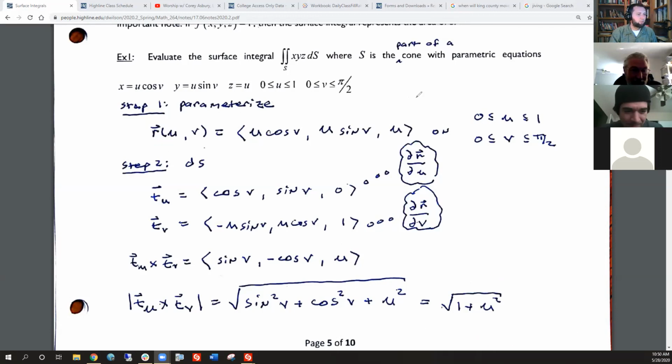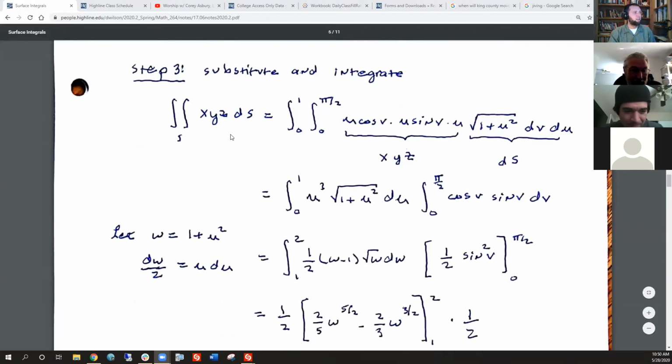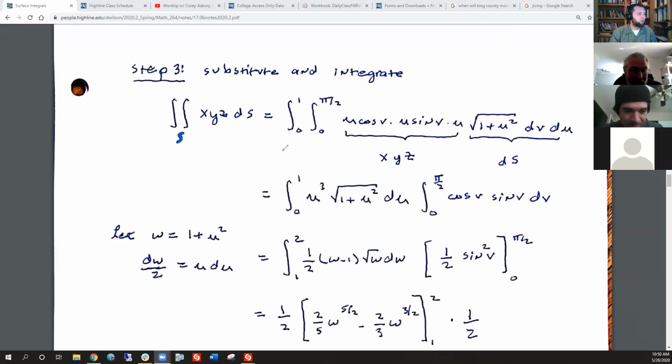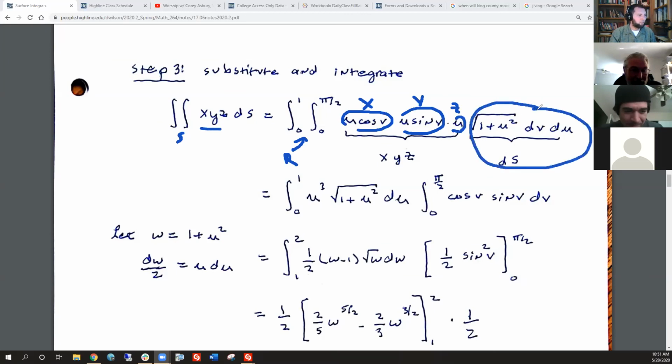And then we're going to just substitute in. So we take that ugly surface integral. Here it's in terms of S, the surface. Over here we're writing it as an iterated integral, but now we're working across the region R. And so your X is going to become U cosine, your Y is going to become U sine, U is the Z, so this is all the X, Y, Z from before, and then all that stuff there at the end becomes your dS.